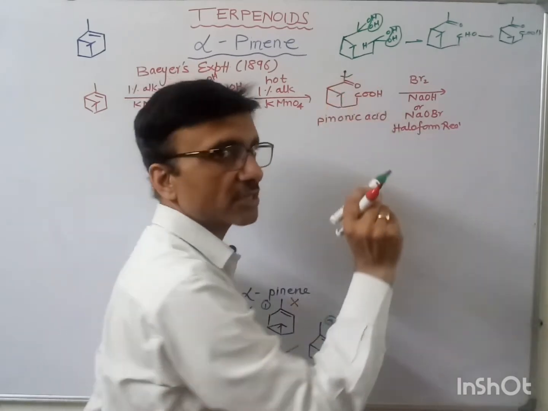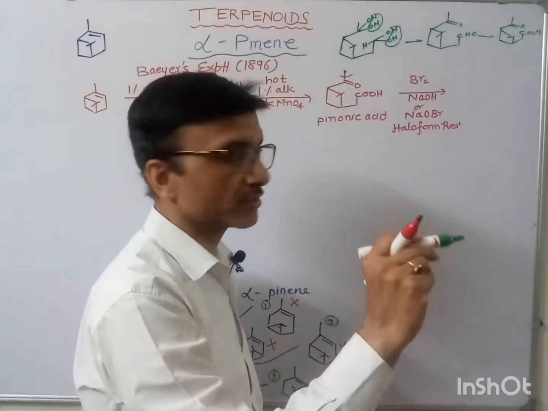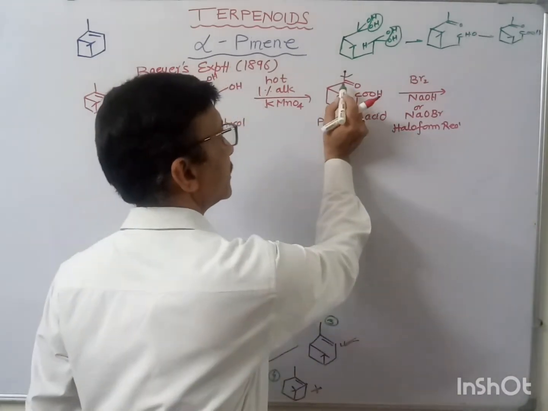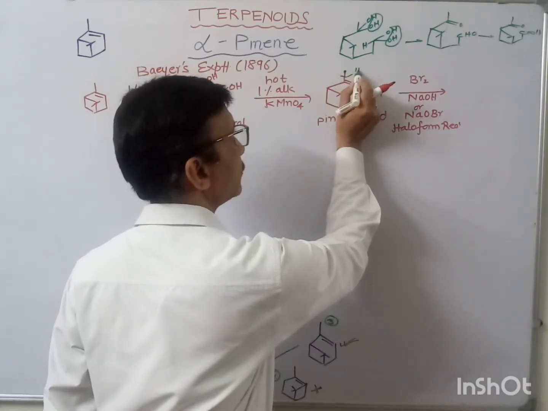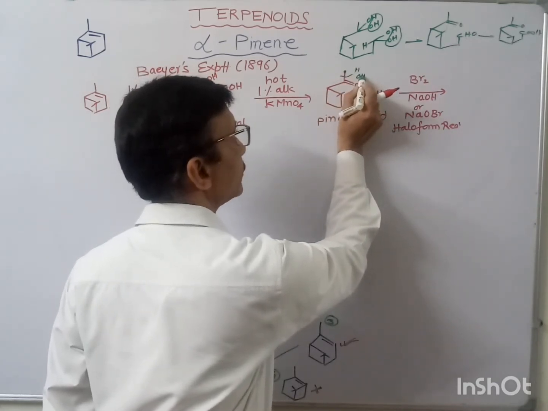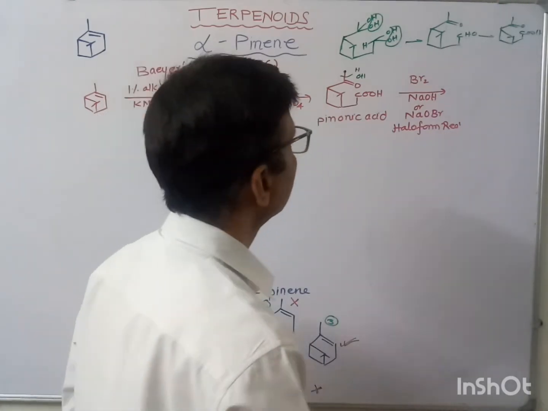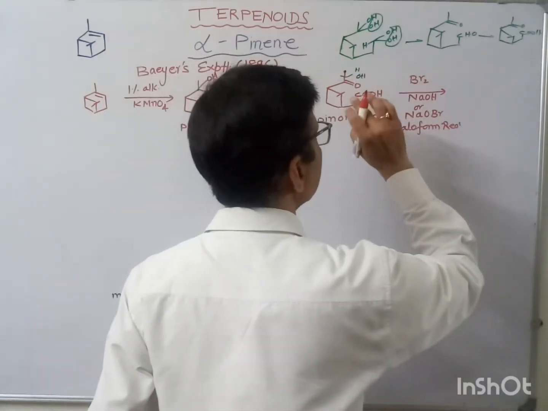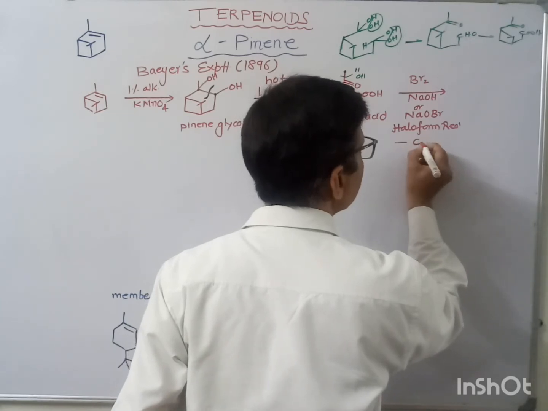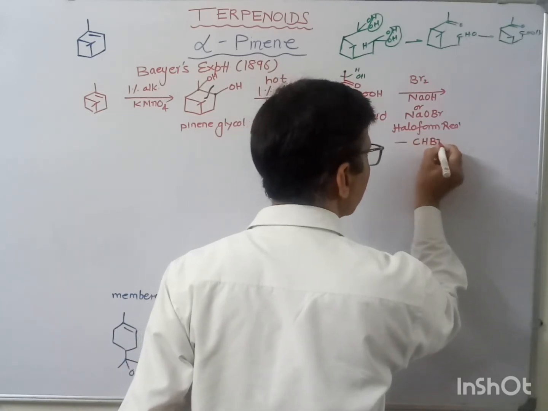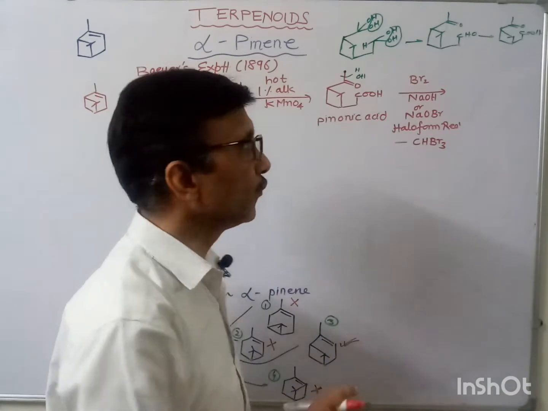This CH3 is converted into CBr3, and after hydrolysis H would be added over here and OH would be added over here, and this haloform, that is bromoform, CHBr3, would be formed here. Bromoform would be removed.